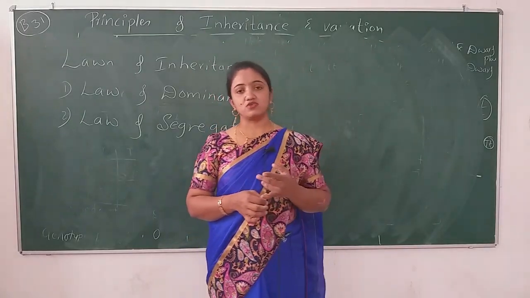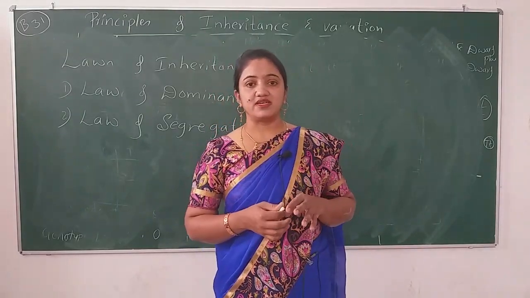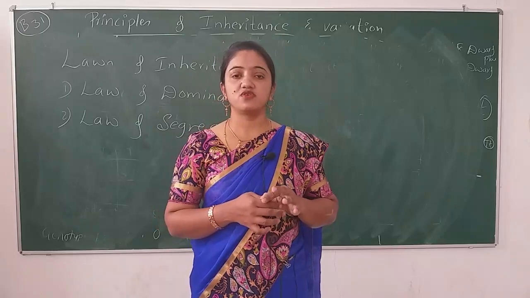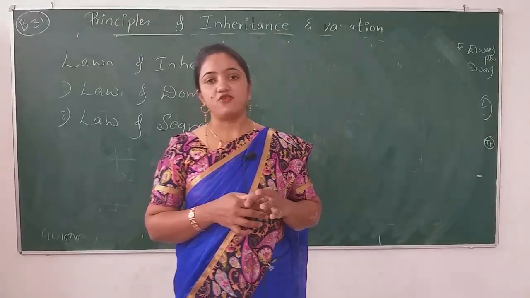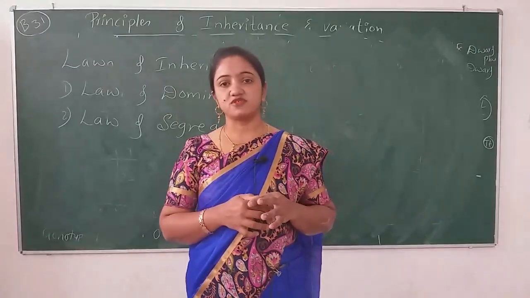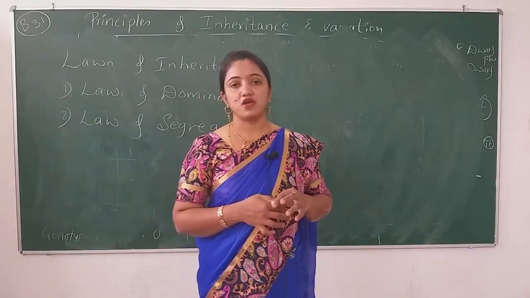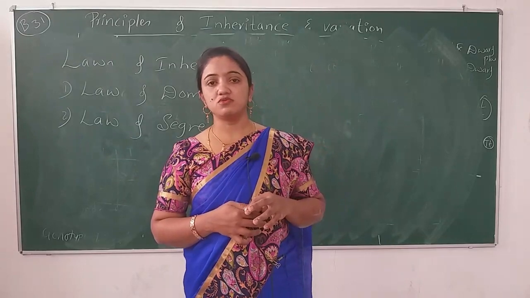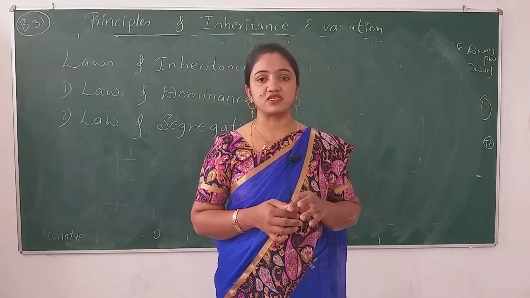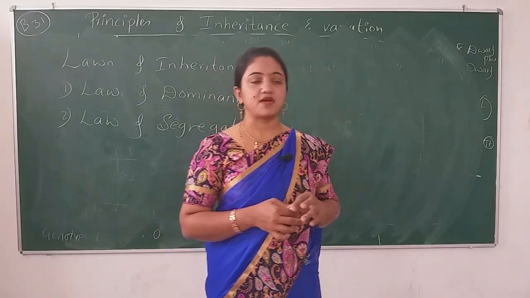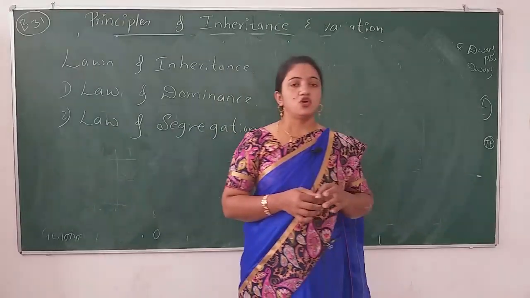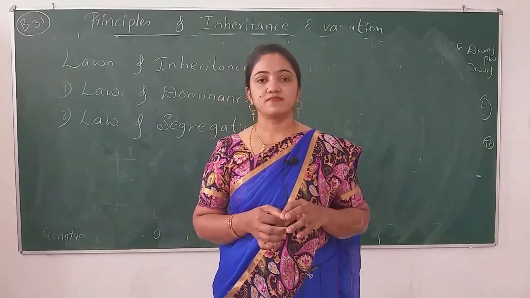Before that, I would like to tell you about the test. We are going to conduct a test for 50 marks. The biology chapters are chapter 2, sexual reproduction in flowering plants, and chapter 3, human reproduction.